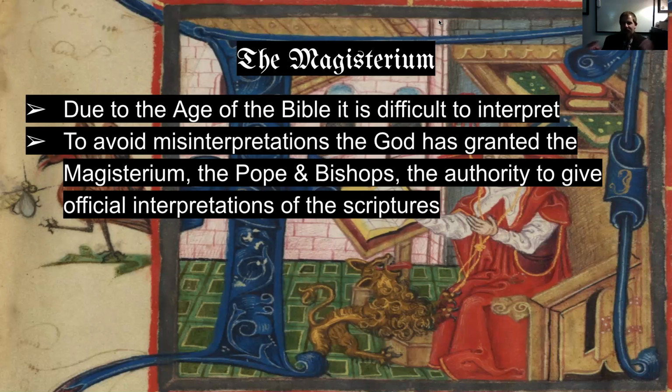So due to the age of the Bible, it's often made difficult to interpret, right? The way people express things in terms of human language changes from generation to generation. And furthermore, we're also dealing with a document that was not originally written in the English language.